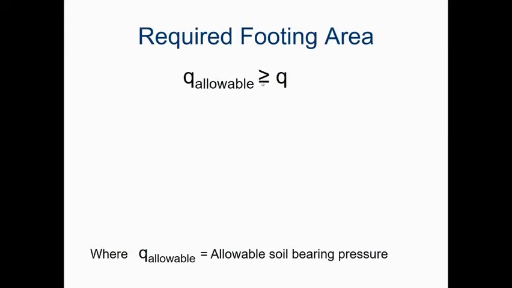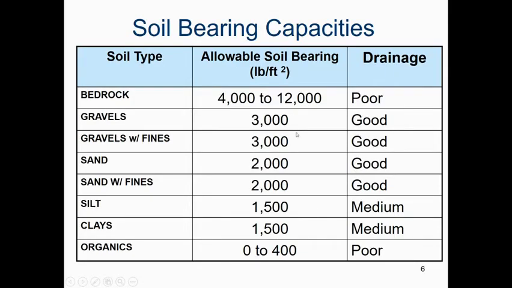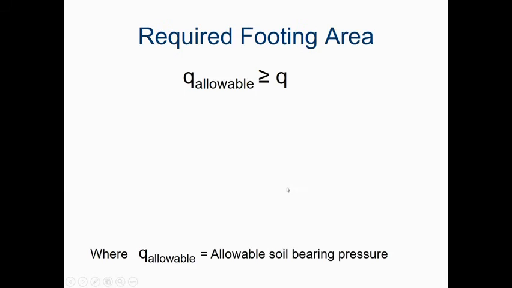foundation underneath there. So here's the example. So we have Q allowable. What this is, is the allowable soil bearing pressure. I'm going to go back one slide. So that's this column right here. I need to know that that is greater than or equal to my soil bearing pressure.